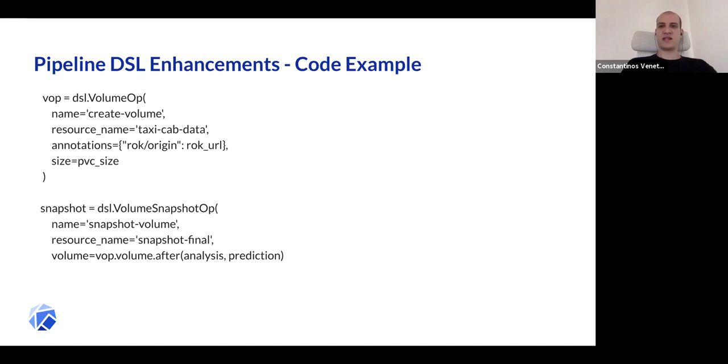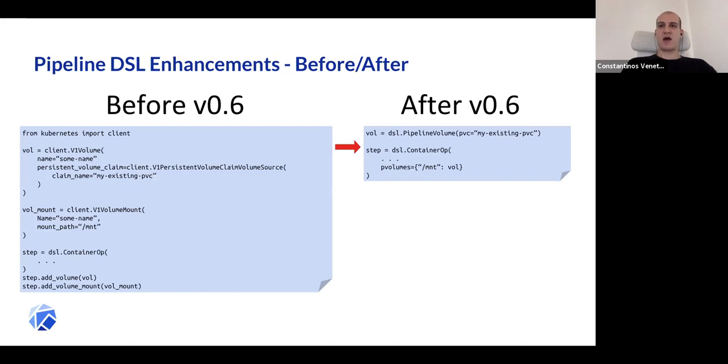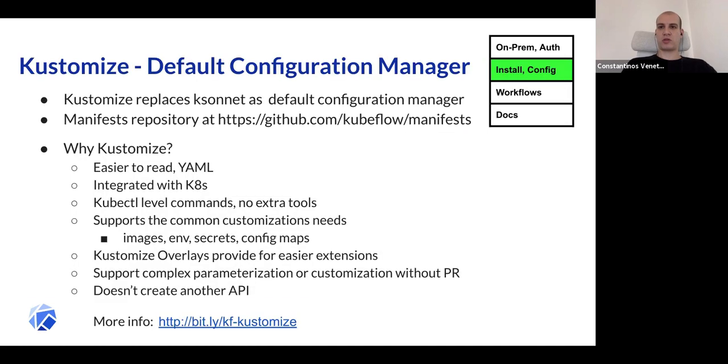And in the next slide, we can see how simplified the code has become, before 0.6 and after 0.6, when somebody wants to write in the DSL and work with volumes: from over 10 lines before to 3 lines, and without importing the Kubernetes client at all. And with that, I will hand it off to Kam to talk about the great effort introducing Customize.